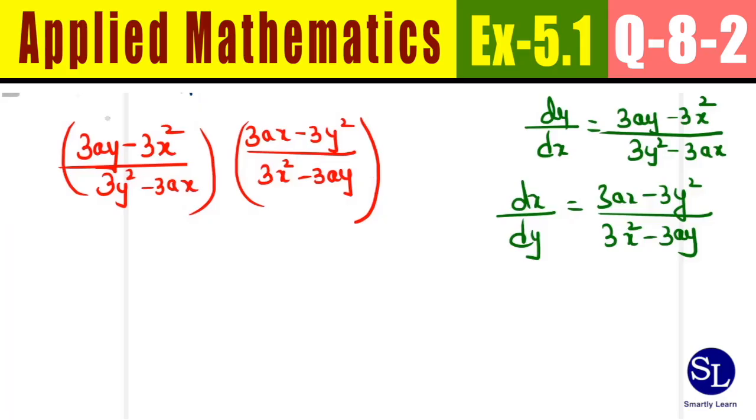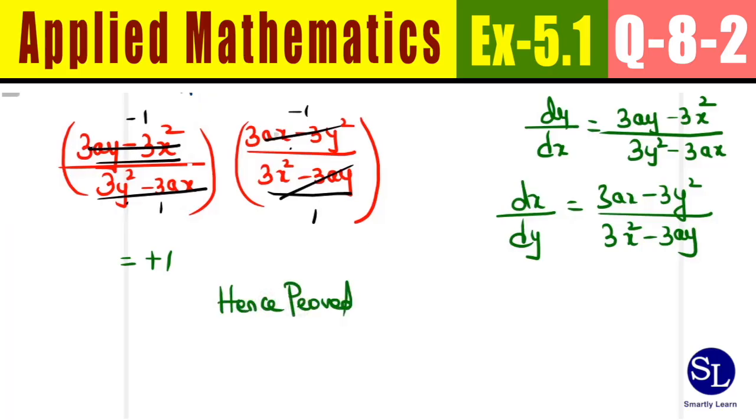Now if you compare the term between this numerator and this denominator, only the sign changes. So I'm striking this out and saying this as minus 1 times. The same way between this denominator and this denominator, only the sign changes. So I'm striking it out and saying minus 1 times. So minus 1 into minus 1 is equal to plus 1, and hence proved.